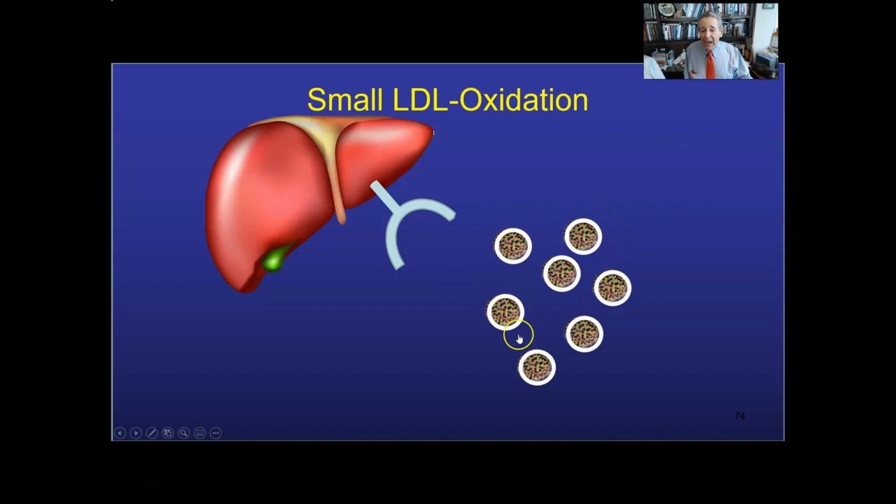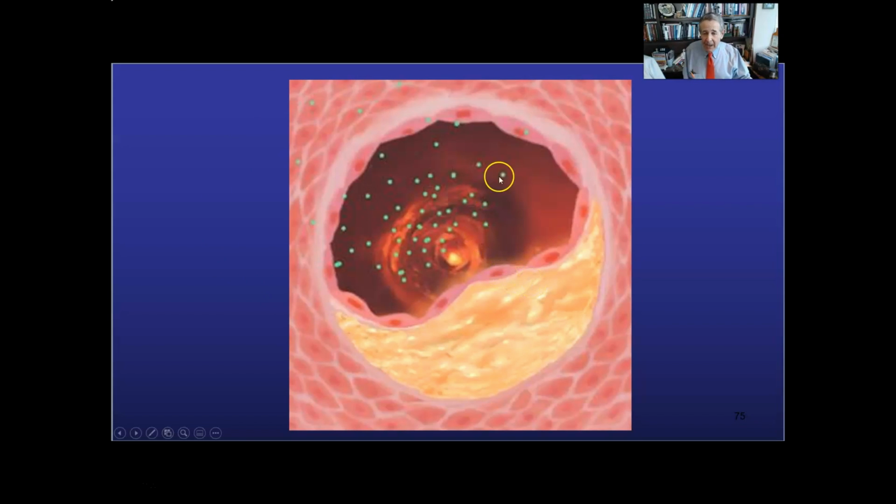So once you have a lot of oxidized small LDL, and here's a cross-section of a vessel: LDL, endothelium, cholesterol pimple, smooth muscle, and here's LDL, but we know they can be from small to large, usually a mix. And it turns out the small LDL is getting oxidized.